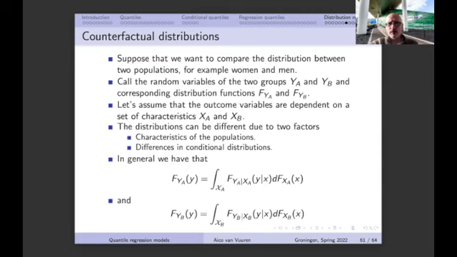And that is not because of the fact that there is discrimination. It's not that men are discriminated against women, but that's just because of the fact that we do know that even in the case that we're going to compare high educated men and low educated men with each other, then also we are going to see differences in terms of the wages of these men.